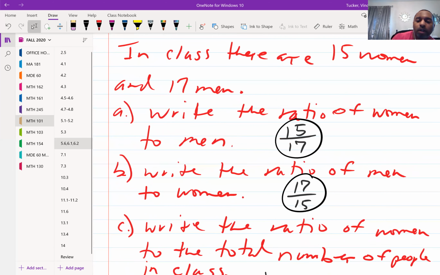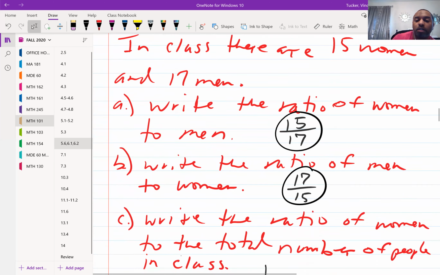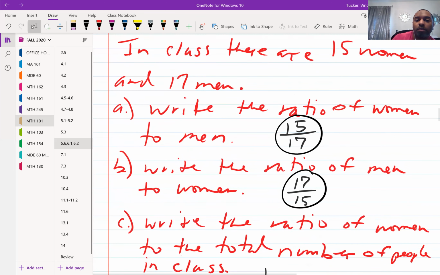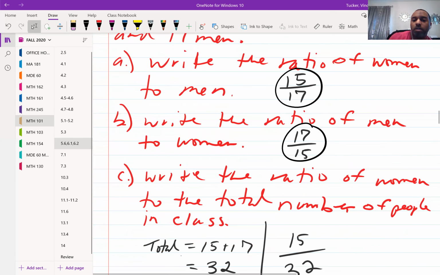Then they want us to write the ratio of women to the total number of people in the class. Let me make sure everybody can copy before I scroll up. All right.